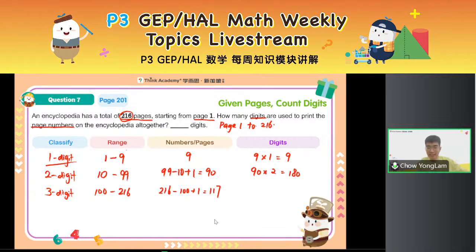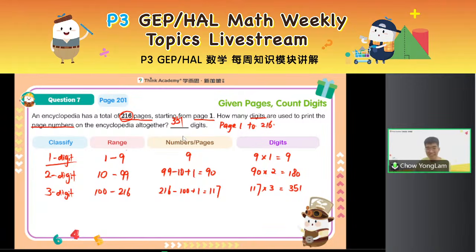So this time, 117 numbers times how many digits per number? It's 3 digits per number, so this time I have to times 3. 117 three-digit numbers, each number times 3, so my answer is 351. Now, is my final answer 351?